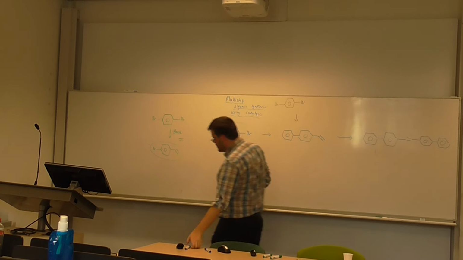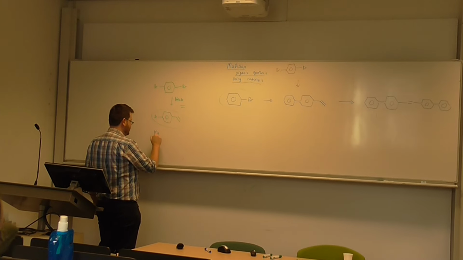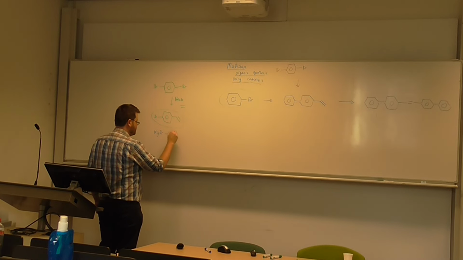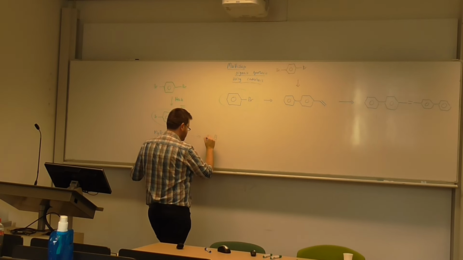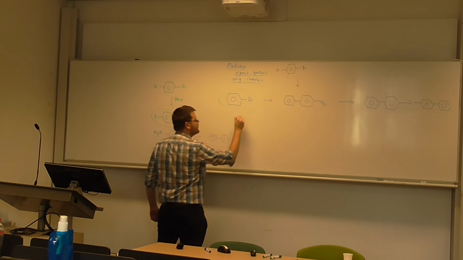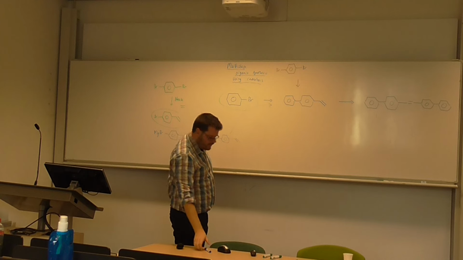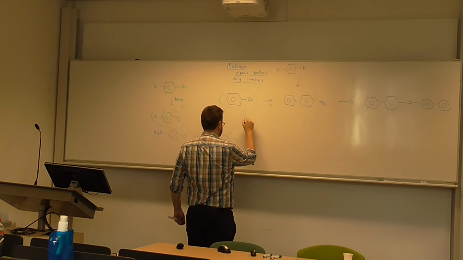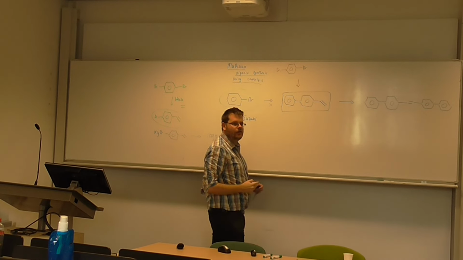If we make the Grignard of this, remember that we can convert it to this guy, in principle. And if we now react that with this Suzuki coupling, we should get here. Does everyone agree?